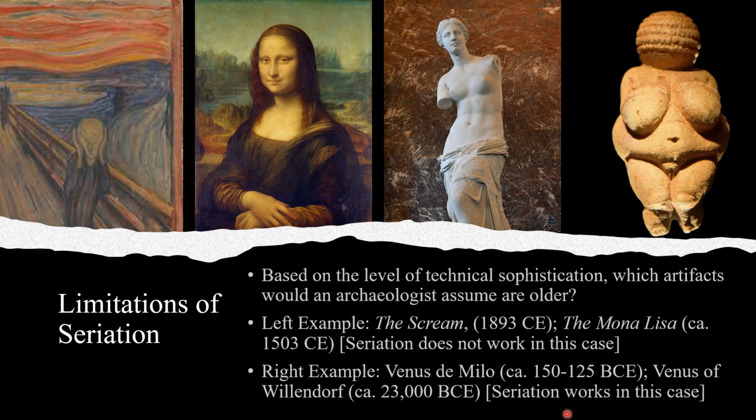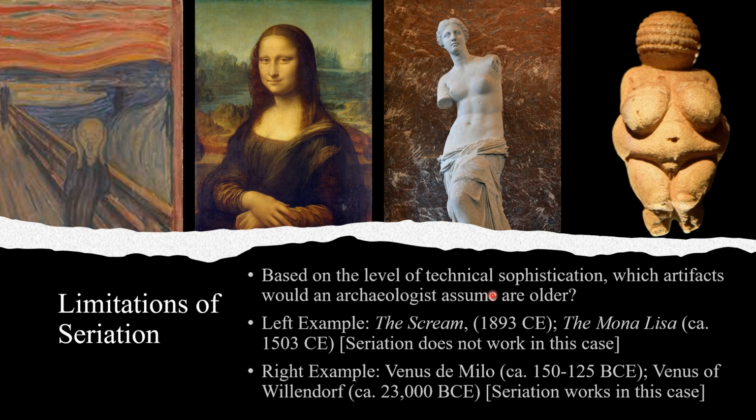Here are some examples that show the limits of seriation. On the right example, we see two statues of a fertility goddess known as Venus.